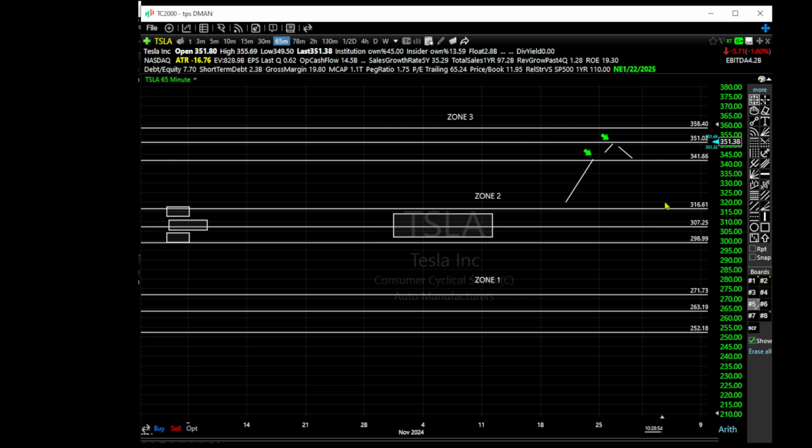Is that my buy signal? The answer to that is no. So why is that not my buy signal?